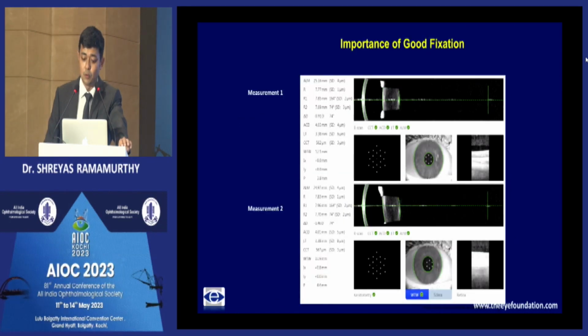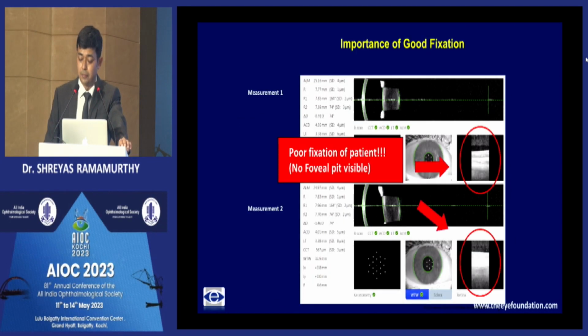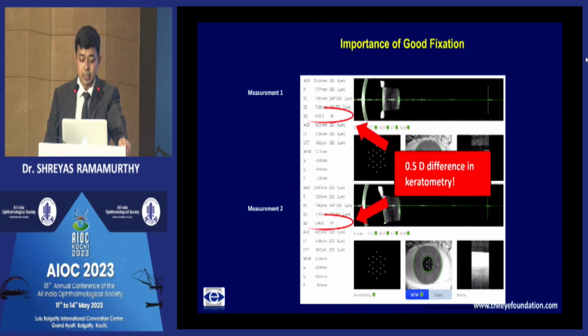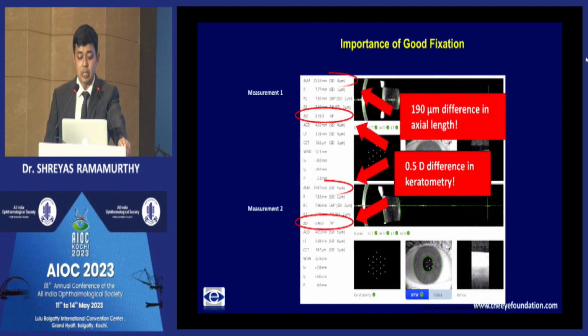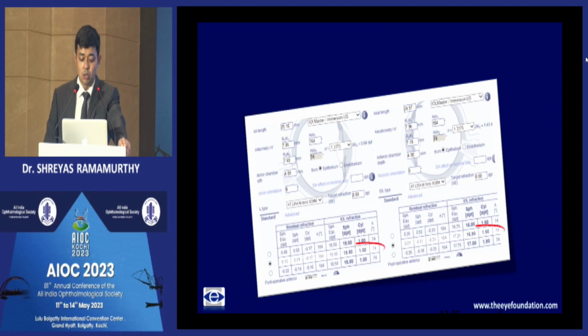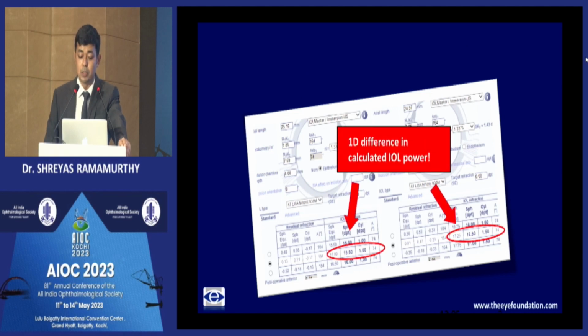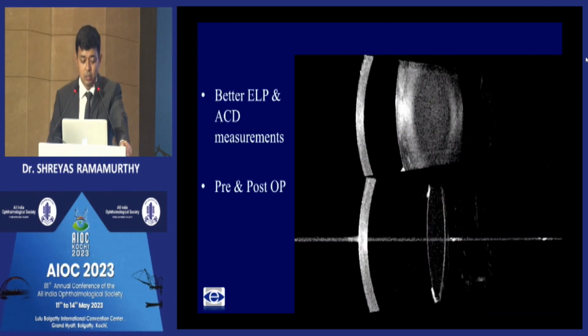Whereas wherever the foveal pit is not visible and it's not imaged appropriately, you have a difference in keratometry as well as in axial length, which gives rise to almost a diopter of difference in the IOL power between readings. So by imaging the foveal pit accurately, you also get very, very repeatable recordings, which can be used for all your patients.